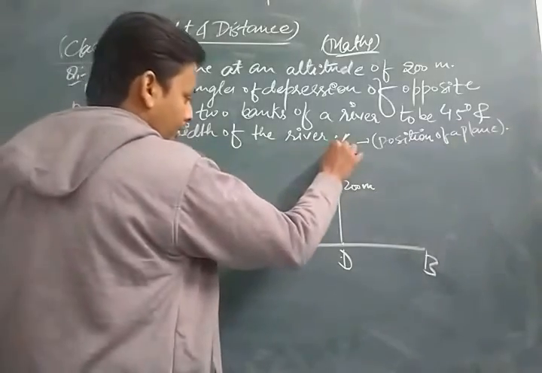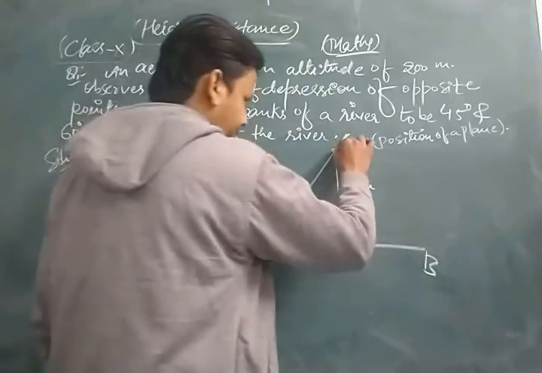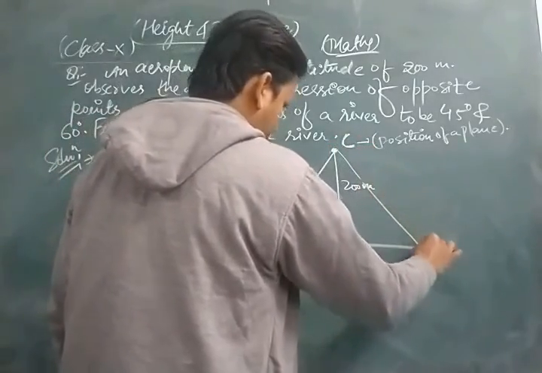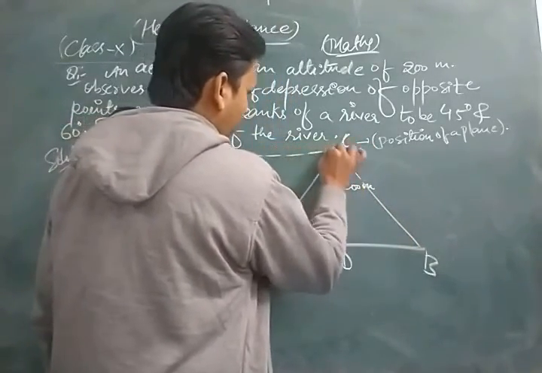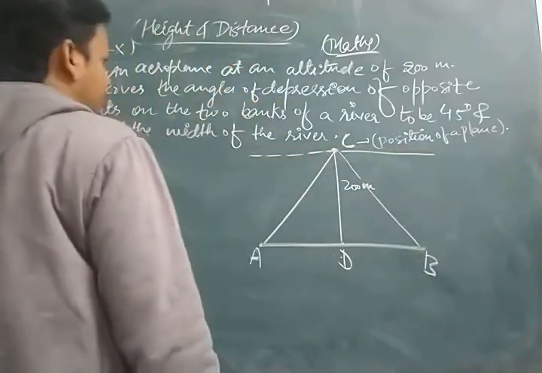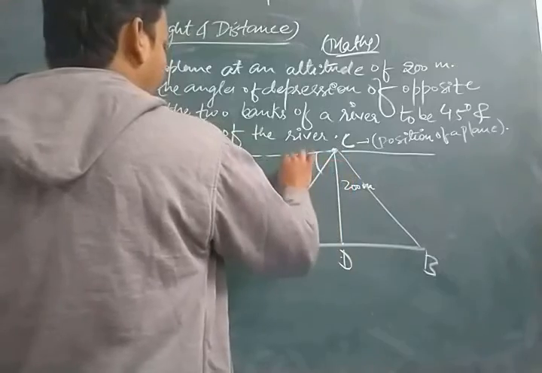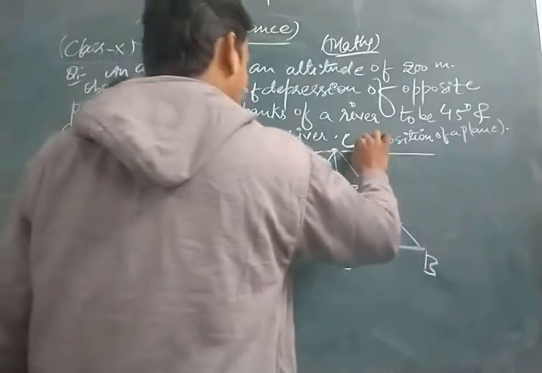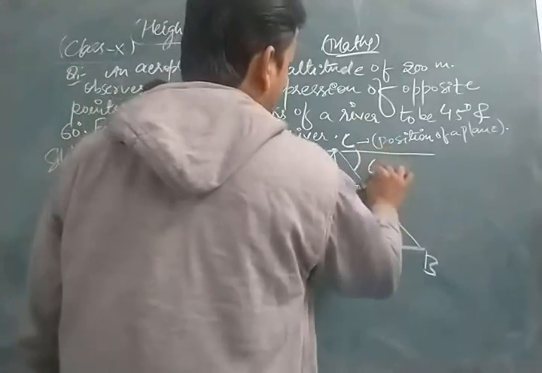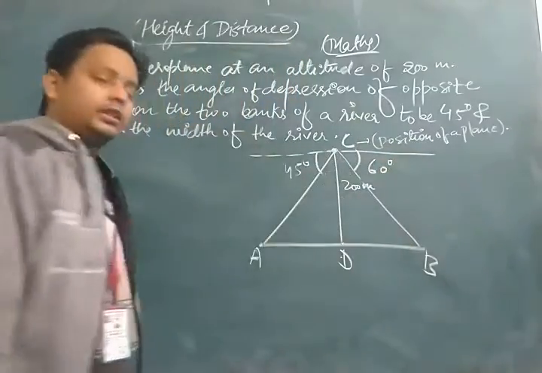Now look, if we join them, the angle of depression of the two points is 45 degrees and the other one is 60 degrees.